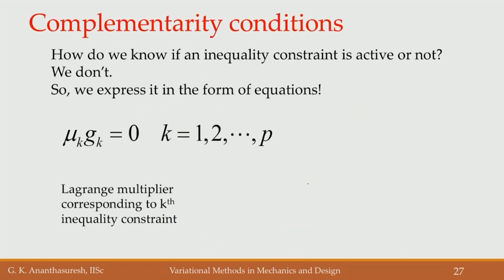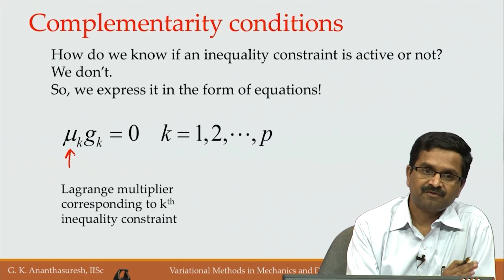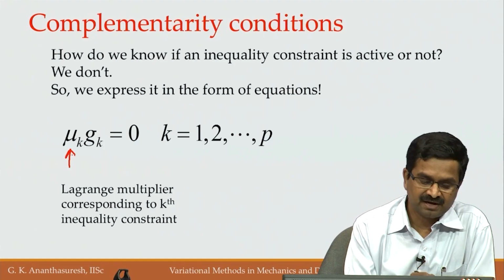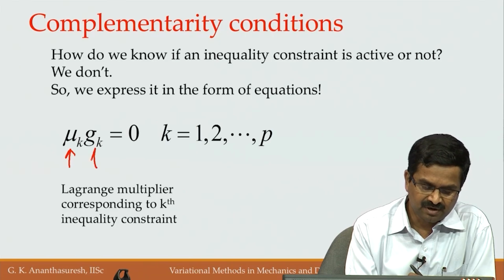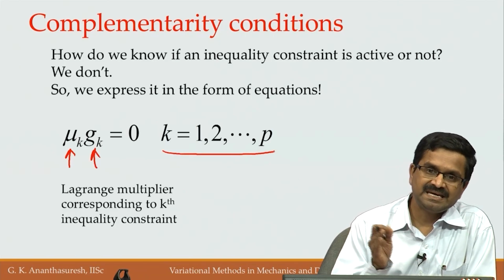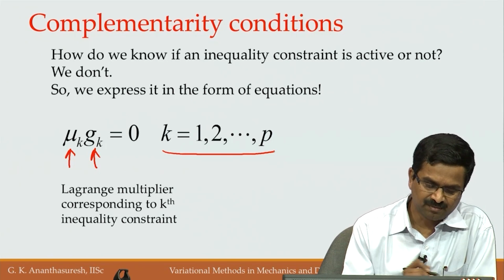Now, in this case we can write what are called complementarity conditions by writing some variable mu, like the lambdas we had for the equality constraints. We can have Lagrange multipliers for inequalities denoted by mu k, k equal to 1 to p. We have p inequality constraints, and we write them like this.